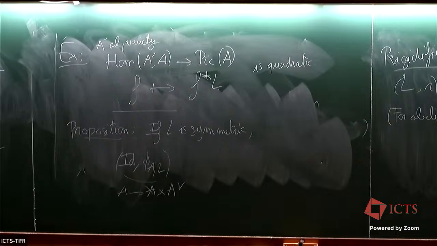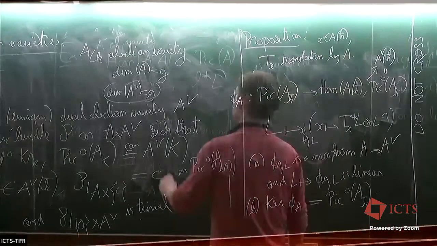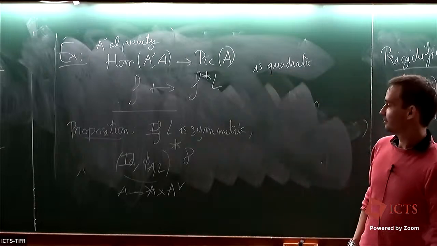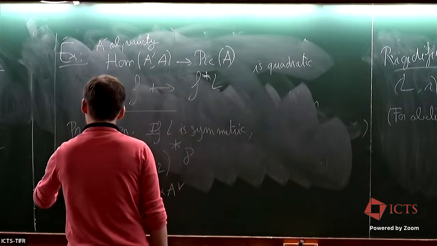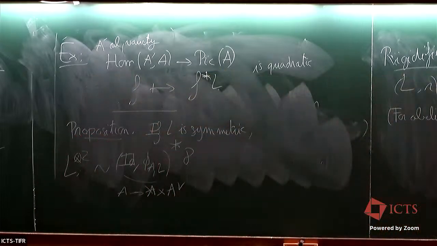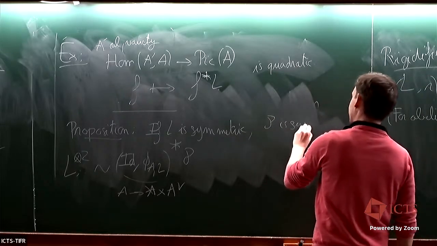Here I add the identity, so it goes right where lives the Poincaré bundle. The question is, what's the relationship with L? Well, it's very simple. It's the square of L as isomorphic to this. Well, I should also say P is symmetric. Maybe that's something you want to say before.